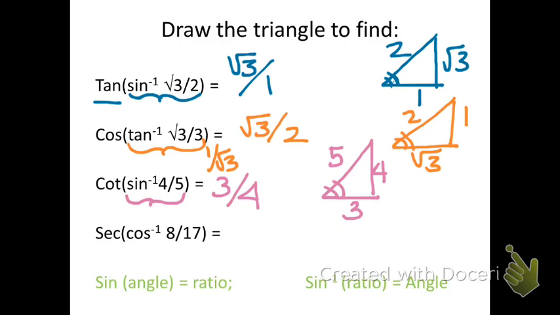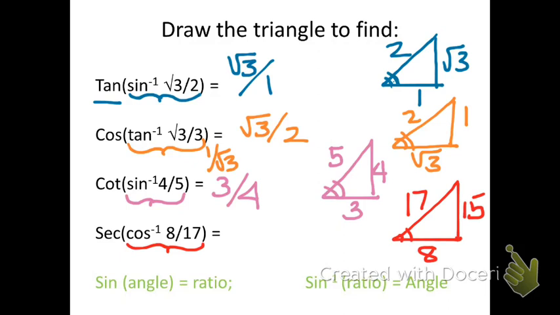And then next we have the secant of the inverse cosine. So inverse cosine, that triangle, is going to be the adjacent over the hypotenuse, which means the opposite is 15. It's an 8, 15, 17. But I didn't even really need to do that because look at what happens. Remember that secant and cosine are reciprocal functions.